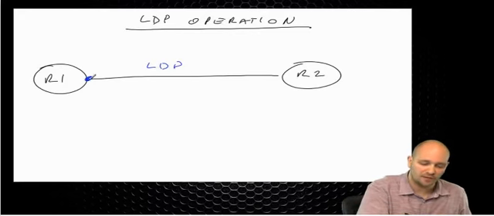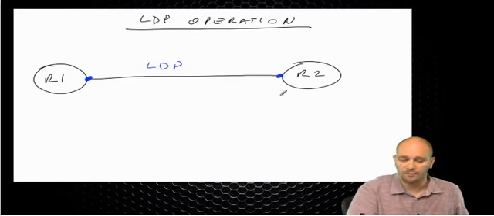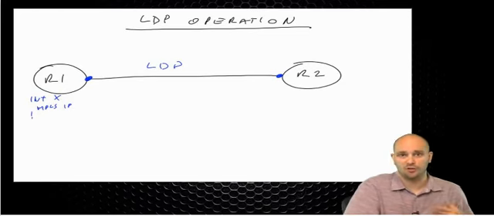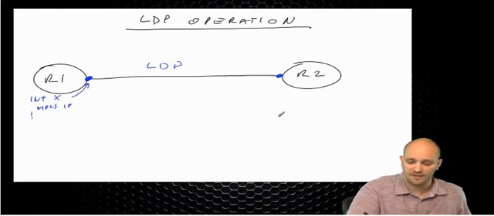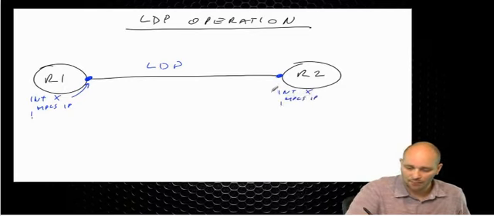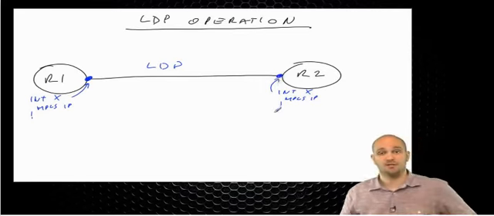So we configured LDP here, and we configured LDP here. How do you do that? You go to Interface X, and you say MPLS IP. This by default will actually turn on LDP on this interface here. We did the same thing here. And what happened is LDP actually started working.